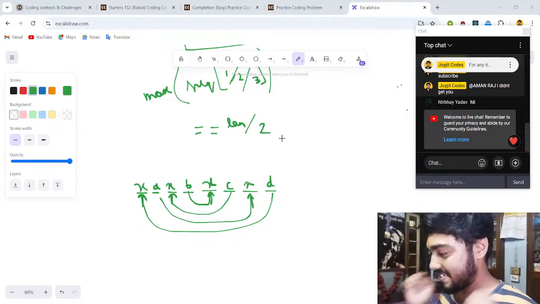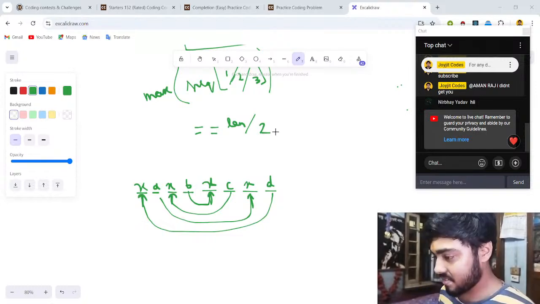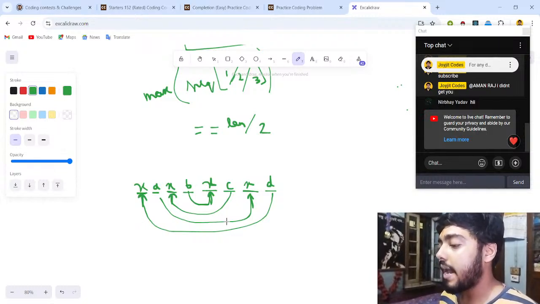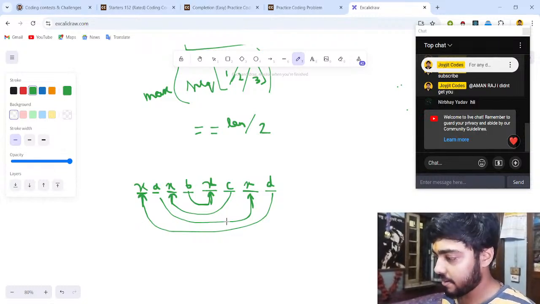Okay, so let's get into it. As I was telling you, if X is placed at the odd positions, that is the first, third, fifth and seventh positions, it gets checked with the elements which are not at those positions.